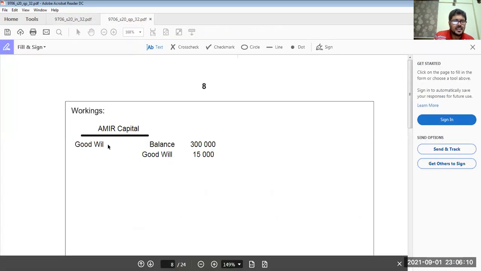So, the goodwill debited is 37,500. Now, the balance of capital would be 315,000 minus 37,500, which is 277,500, the balance of Amer's capital that is going to appear in the T account. Getting my point?